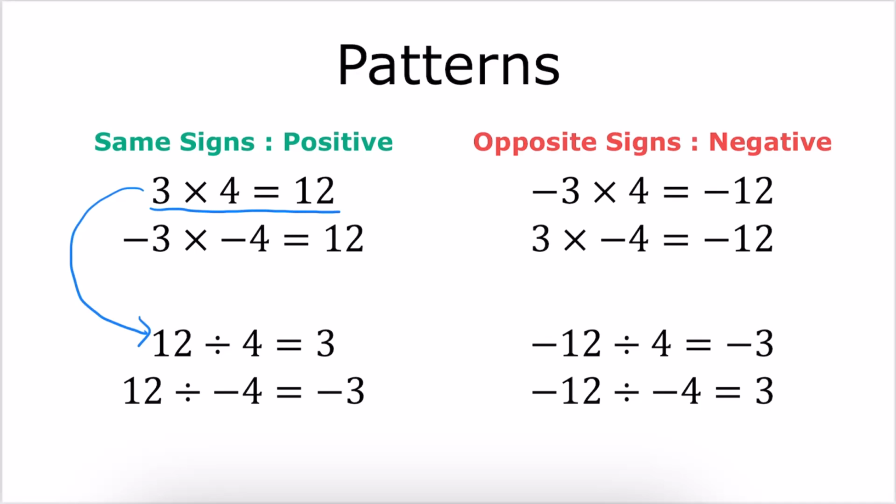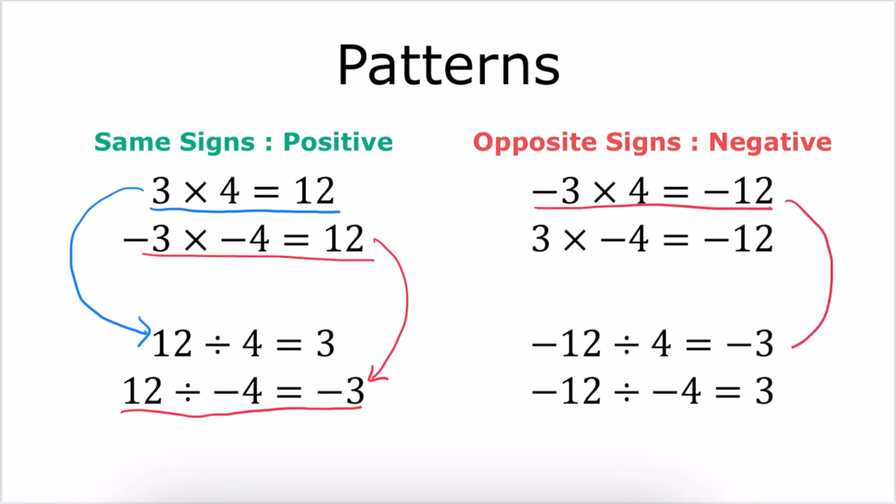And if you have a negative times a negative equaling a positive, then the inverse of that fact would tell you that a positive 12 divided by negative 4 needs to equal negative 3. And if we look at our other multiplication of negative math facts, if we have negative 3 times 4 equals negative 12, well, that tells us that negative 12 divided by 4 needs to equal negative 3.